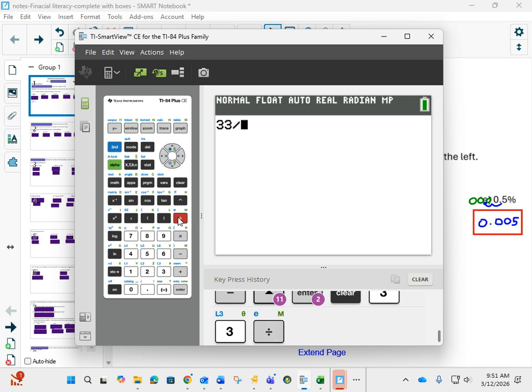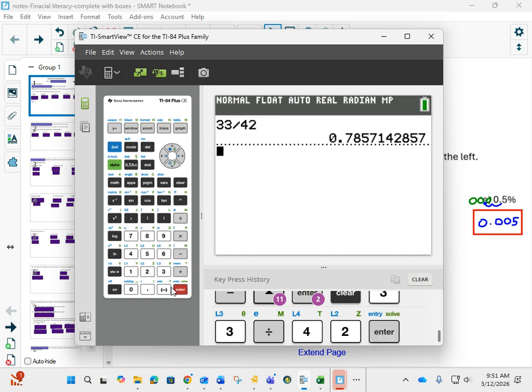We can go 33 divided by 42 to find the decimal, right? 0.7857. So they got 78.57%. Right? You can also move, if you have the decimal, you can move it the other way and figure out what the actual amount is.